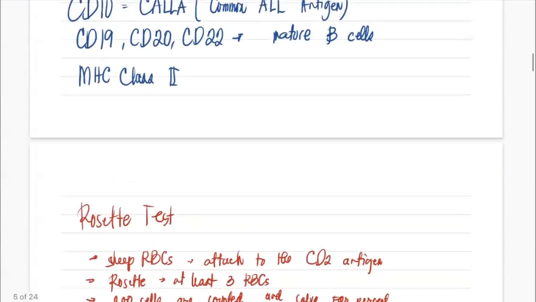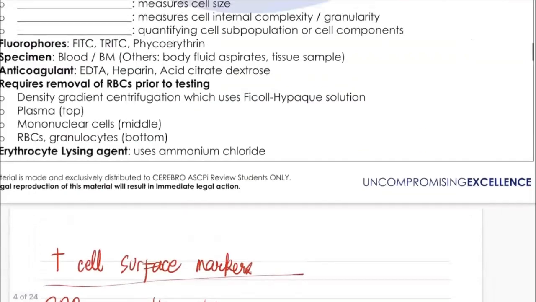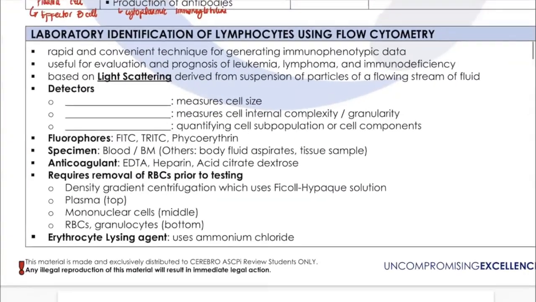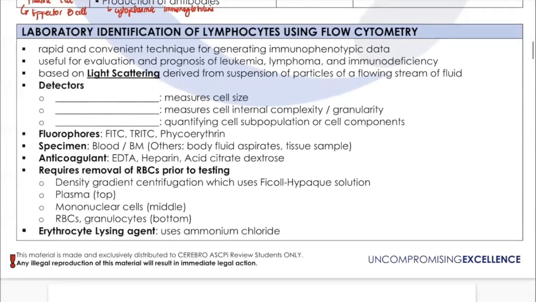Next. However, what we can use that is useful in measuring both T and B cells would be flow cytometry. This technique is rapid and convenient for generating immunophenotypic data, and it is useful for the evaluation and prognosis of leukemia, lymphoma, and immunodeficiency states.